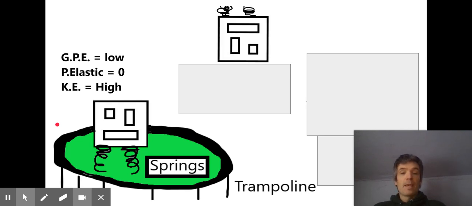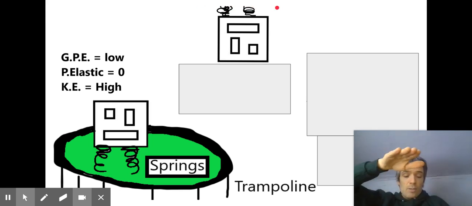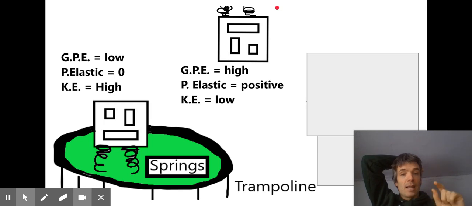So let's say they hit the roof of the system, or let's say they're in a closed space. At this point, the springs are going to compress like this. The object in this scenario is going to have lots of potential energy up top, gravitational mainly, and it's going to have some potential elastic energy because the springs that he's wearing have become compressed.